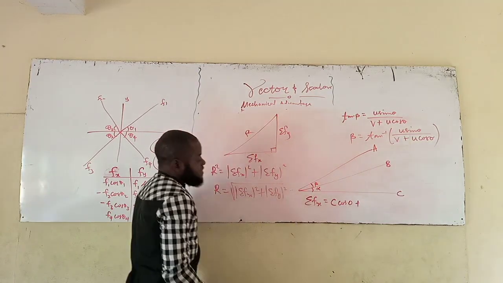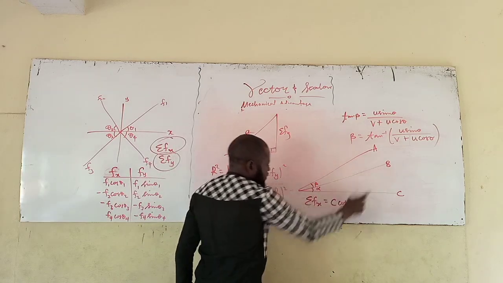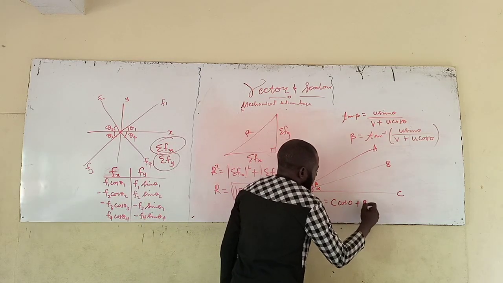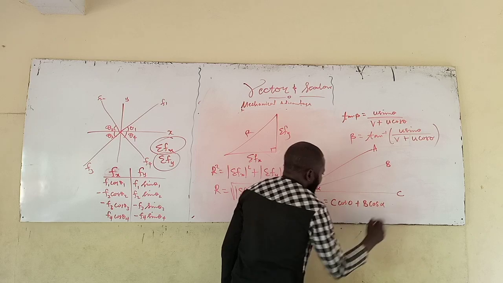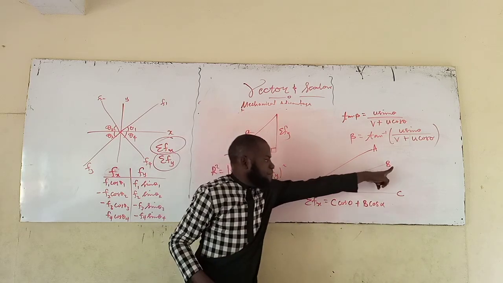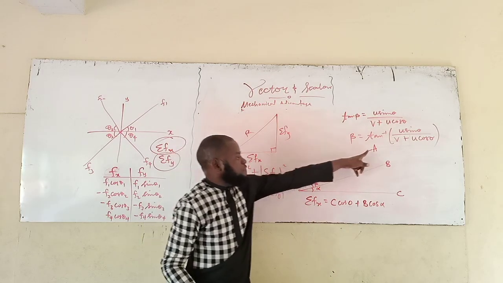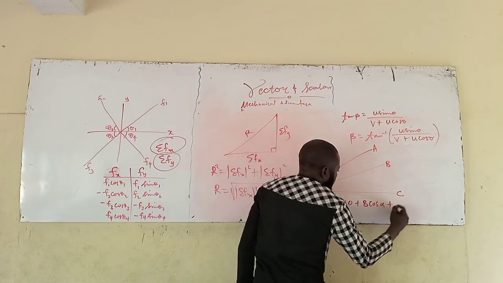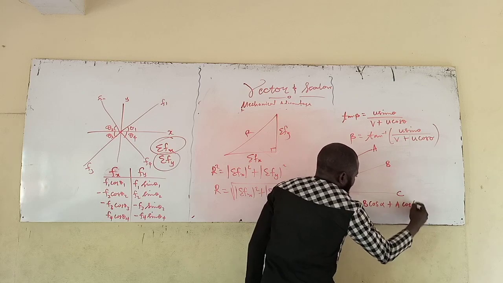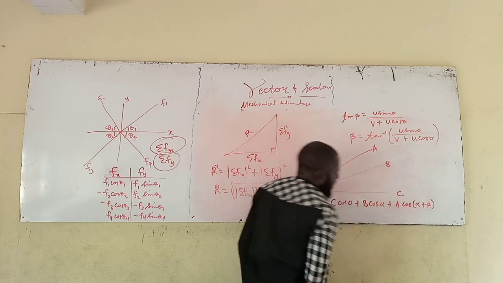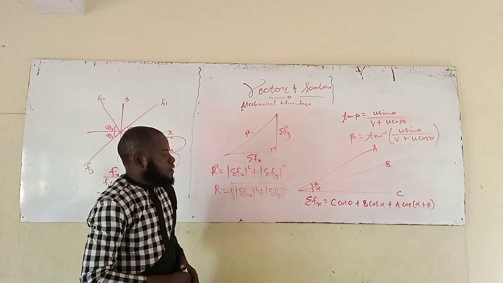If that is the case, this one, which is B, is now going to become B cos of alpha, because B is making angle alpha with the horizontal. Then for A, it is going to be plus A cos of alpha plus beta. Why?